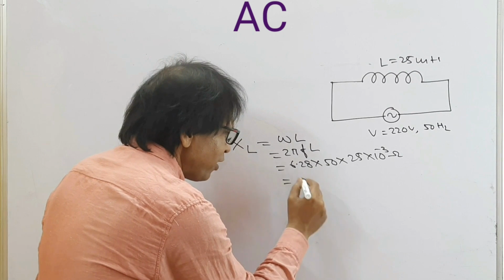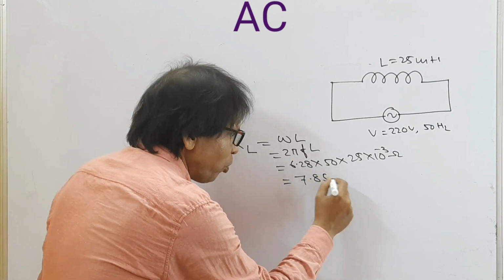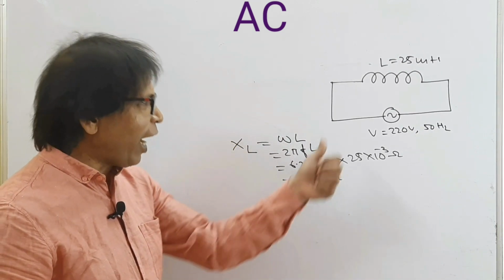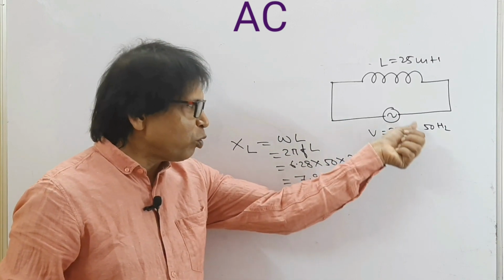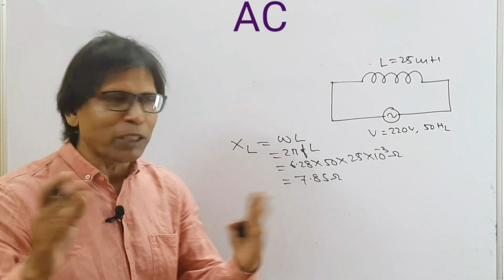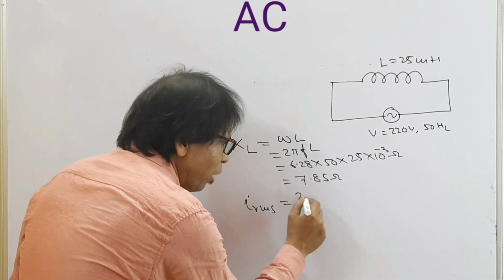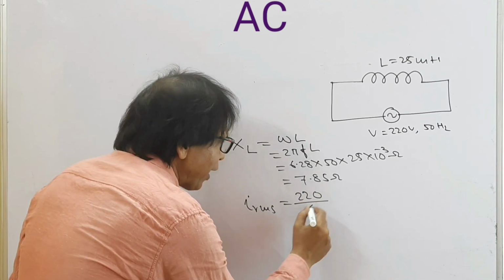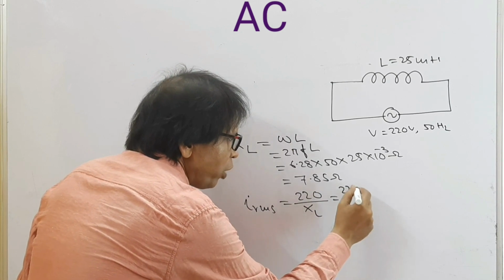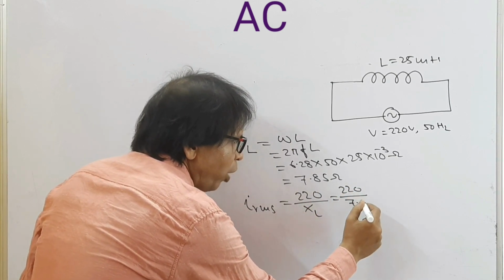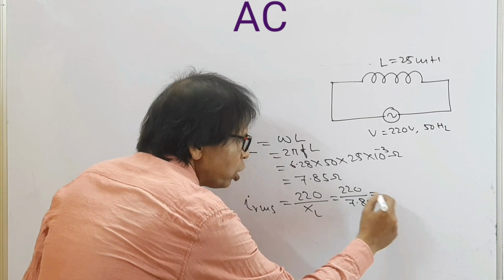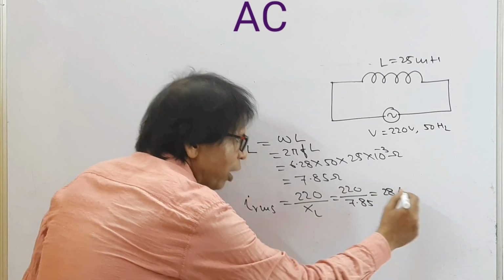This becomes 7.85 ohm. Okay. Now RMS current. Look at this, 220 volt is the RMS voltage. So I RMS is the RMS voltage by X L. Now 220 divided by 7.85, so this is 28 ampere.